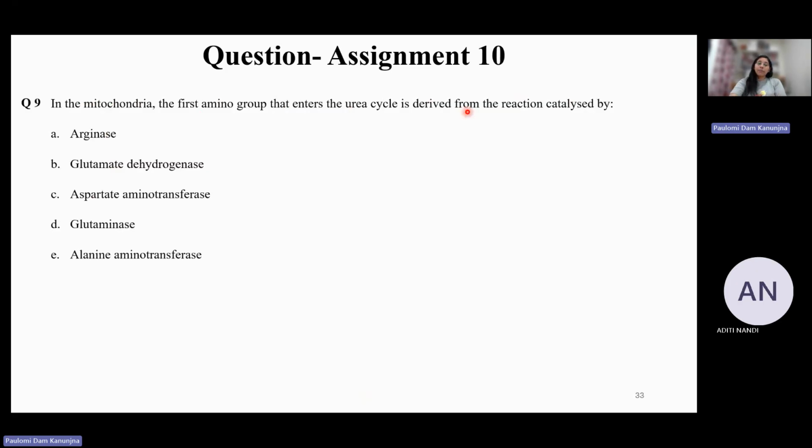It is basically saying in the mitochondria, the first amino group that enters the urea cycle is derived from the reaction of which enzyme. So which enzyme is part of that reaction, the first reaction?